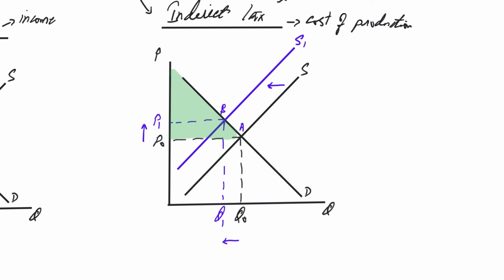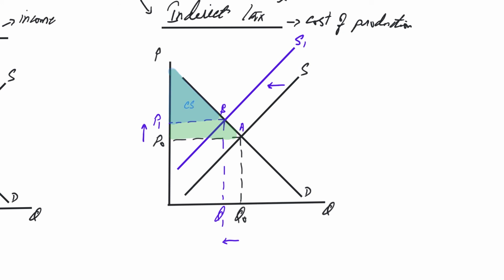When tax got imposed, your new price just went up, okay, and your new consumer surplus becomes the area below the demand curve and above the new price because the prices have gone up. Now that's your new consumer surplus, the small area right here.